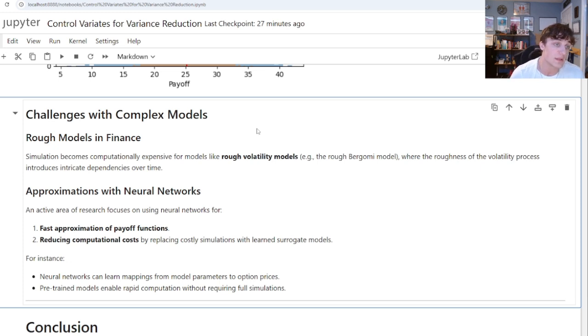So the idea here is, if you wanted to use a rough model to approximate some sort of option price, whether it be some sort of vanilla or exotic product, you're going to need some sort of variance reduction technique, because simulation is computationally expensive. It's very expensive. And if you think about how many options are on books every single day that need pricing, efficiency is a big deal in this line of work.